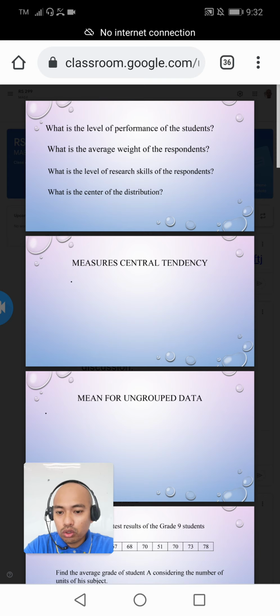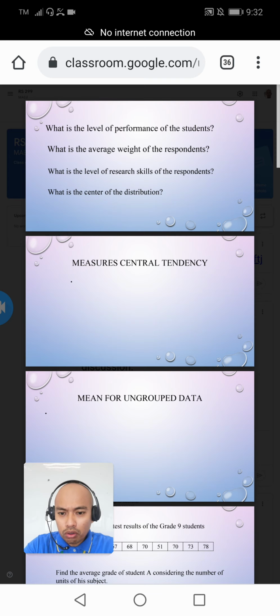So, less than ogive and greater than ogive. These are the graphs of the two types of cumulative frequencies that we can have in our frequency distribution table.